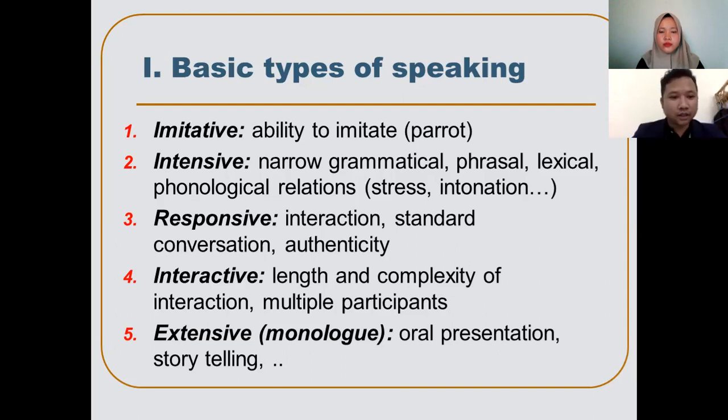Another one is intensive. In intensive, we need to pay full attention to narrow grammatical, phrasal, lexical, or phonological relations, like stress and intonation. So we learn specifically on a single part of the language, not the whole.